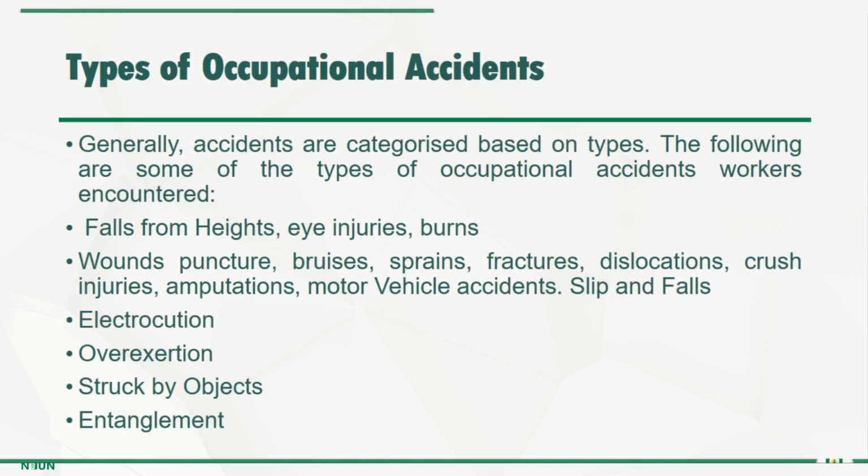What are the different types of occupational hazards that are commonly seen at job places? Generally, accidents are categorized based on types. The following are some of the types of occupational accidents workers encounter.